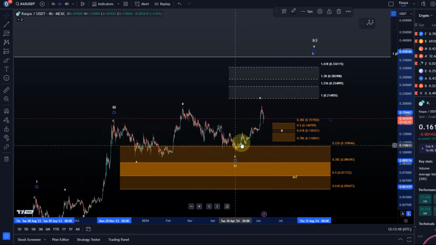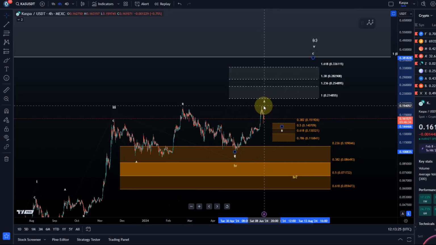Because if the wave 5 has started, then we expect it to be a 3 wave move. Now we already have a good start because this rally was in 3 waves, which indicates that it is likely an A wave. So it confirms basically the perspective I had about this chart, but it could also be something more bearish.